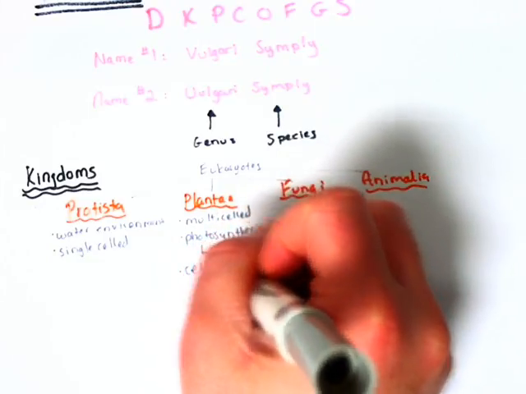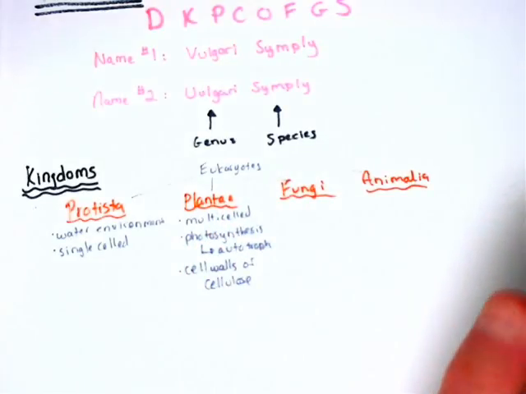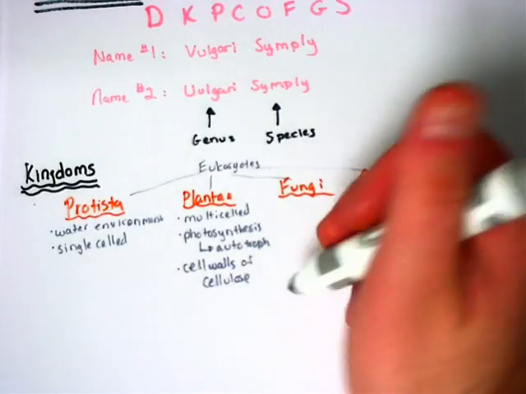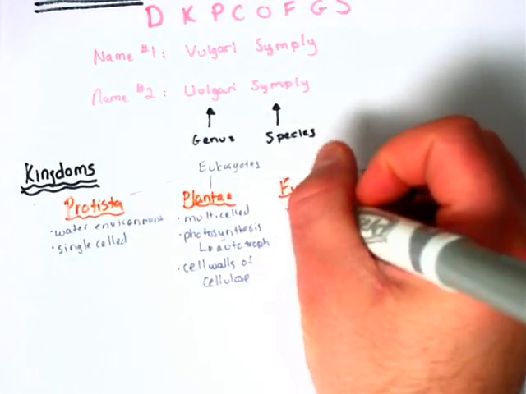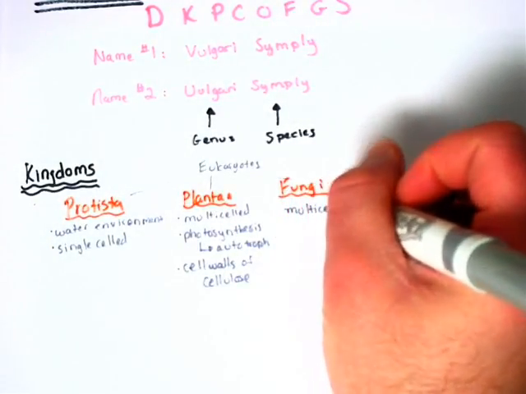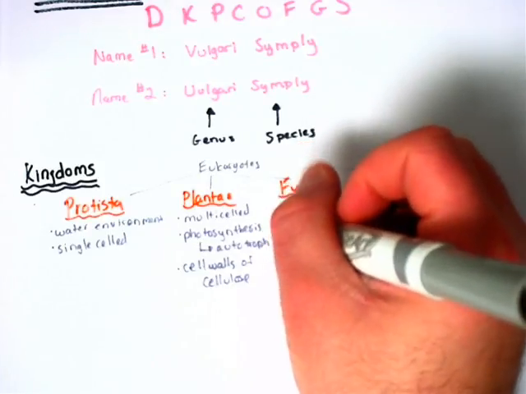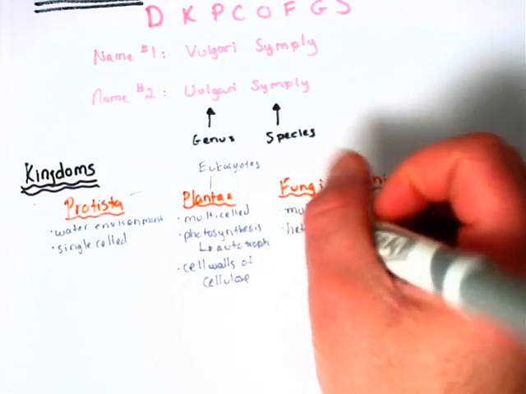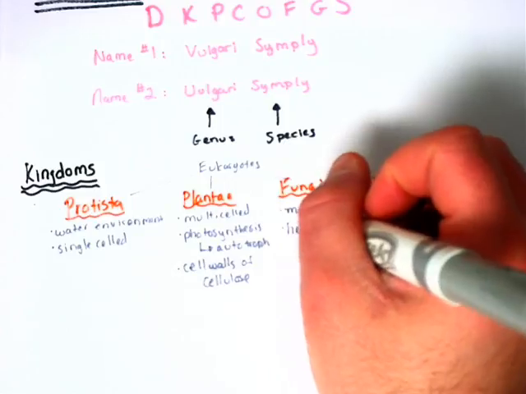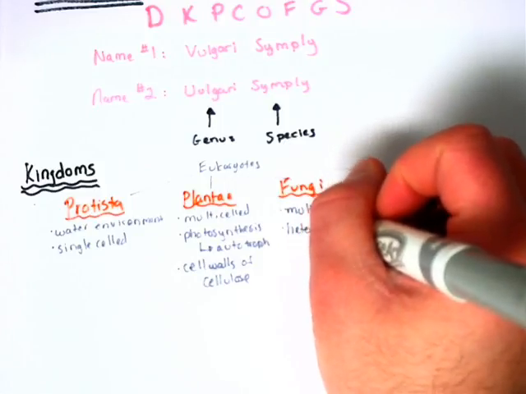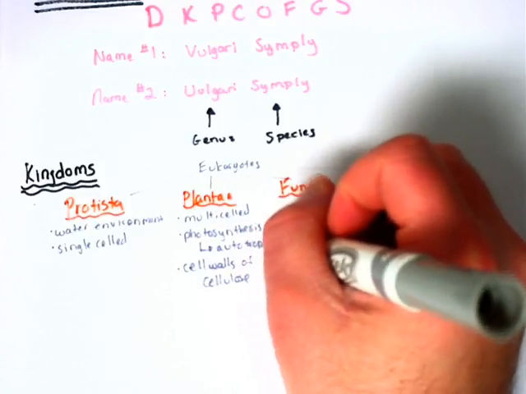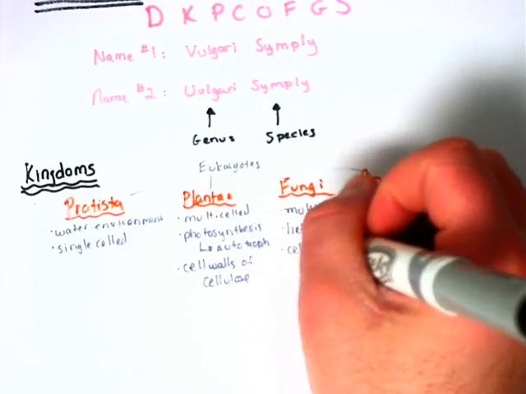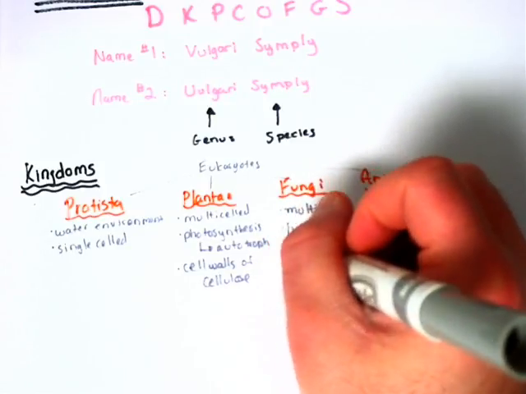Cellulose. A fungus, though, is going to also be multicelled. But it's not photosynthetic. It actually has to eat things. It's actually a decomposer in many regards. So it's going to be a heterotroph. And it has a cell wall, but what is its cell wall made of? Yeah, chitin.